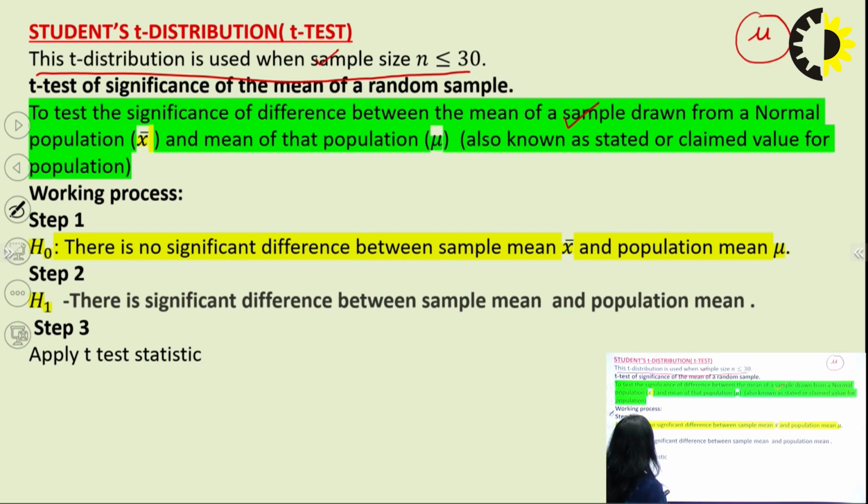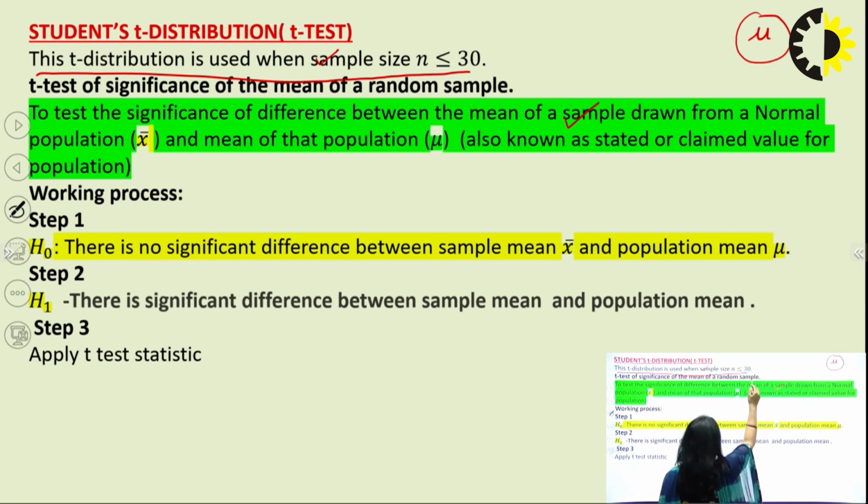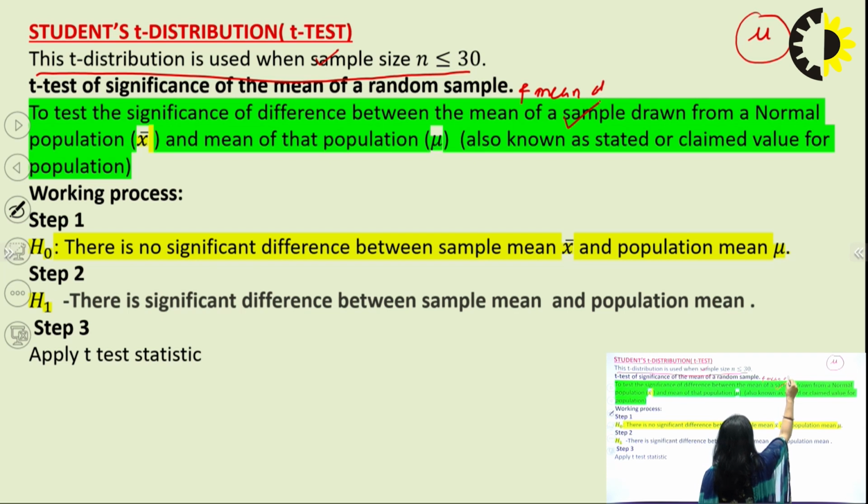So let us see where we can use T test and how can we use the T test. T test is used to find the significance of the difference of the mean of the sample and mean of the population.